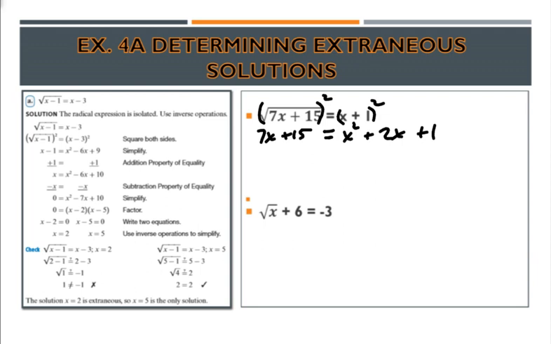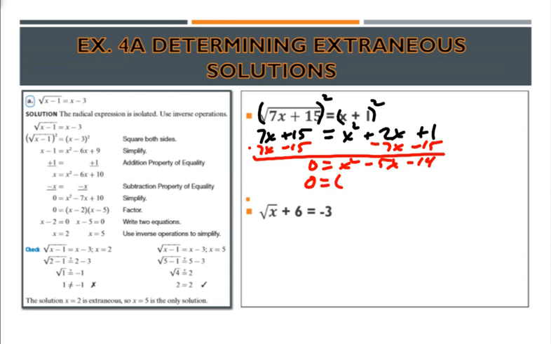Now I want to make this a trinomial equal to 0. So I'm going to subtract 7x, subtract 15 on both sides. So now I have 0 equaling x squared minus 5x minus 14. And I can factor that trinomial and make them both equal to 0.